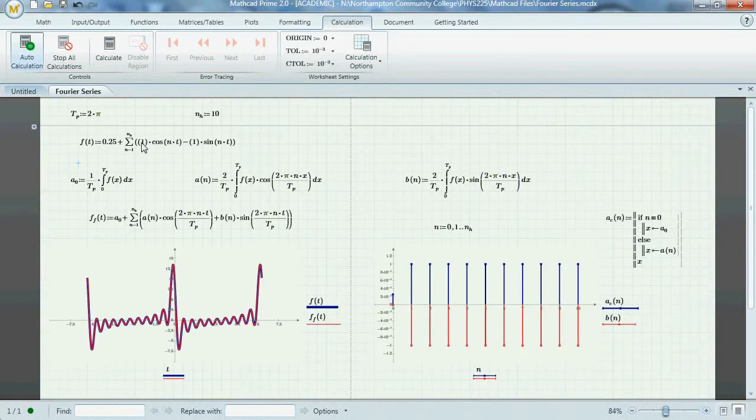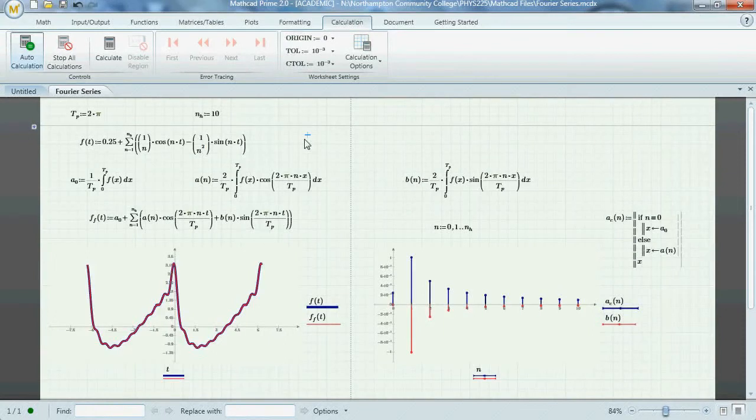Now let's change the coefficient for the cosine, and let's make it 1 over n, and for the sine we'll make it 1 over n squared. Give it a little time to recalculate. And we're just going to the 10th harmonic here, so hopefully it won't take long.